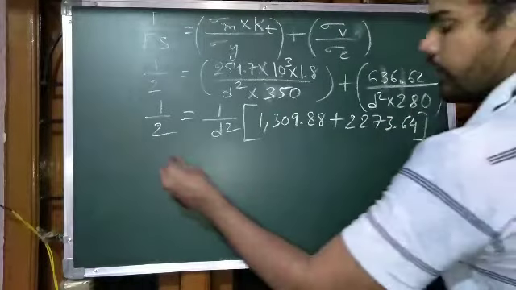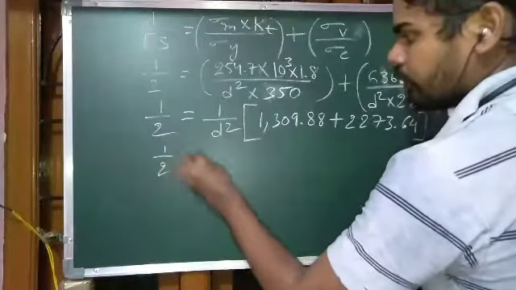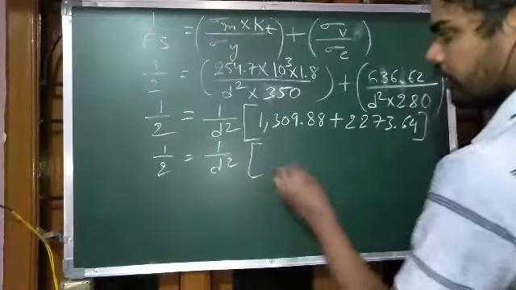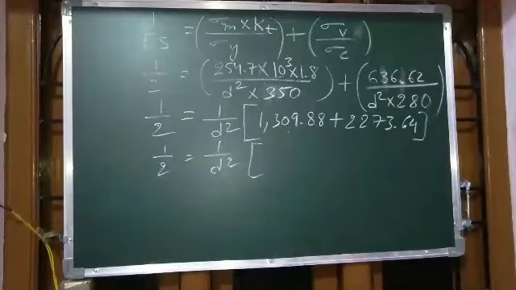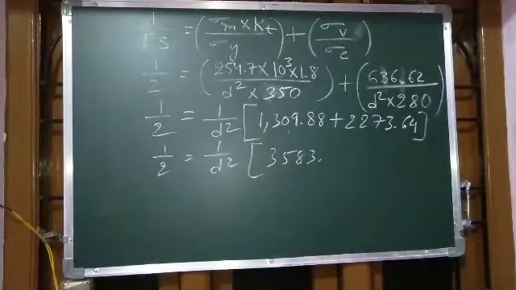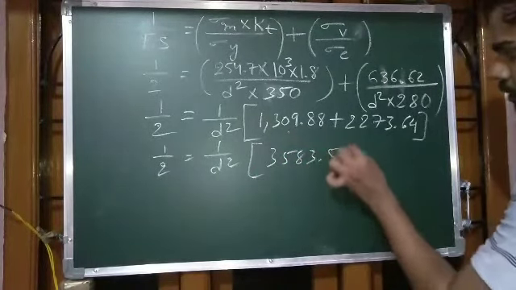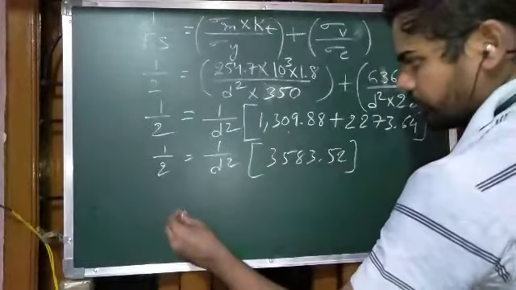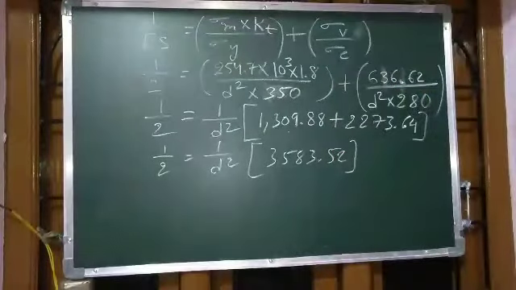Please check. And 1 by 2 is equal to 1 by d square. Now add these two terms, then the final answer is 3583.52.